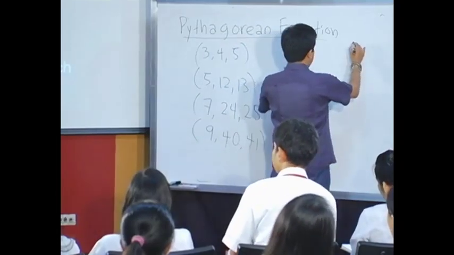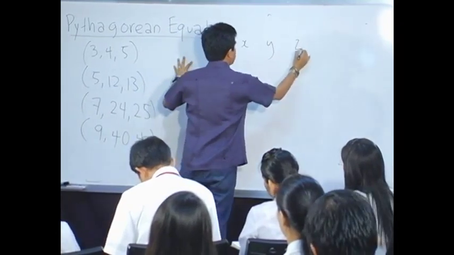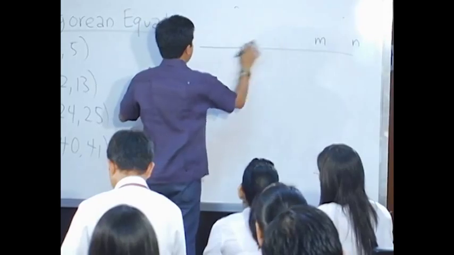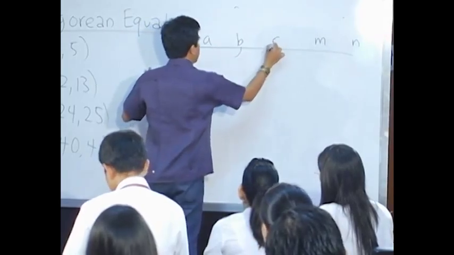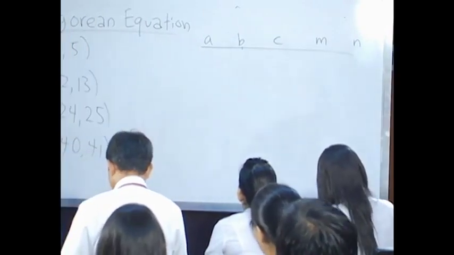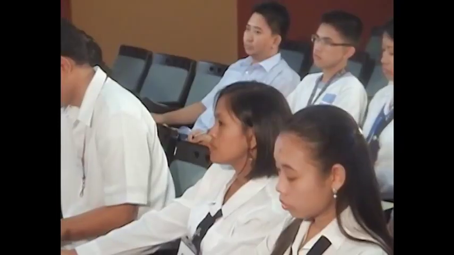Suppose we want to list down Pythagorean triples (A, B, C), and we want to identify the numbers m and n that would give us the Pythagorean triples.